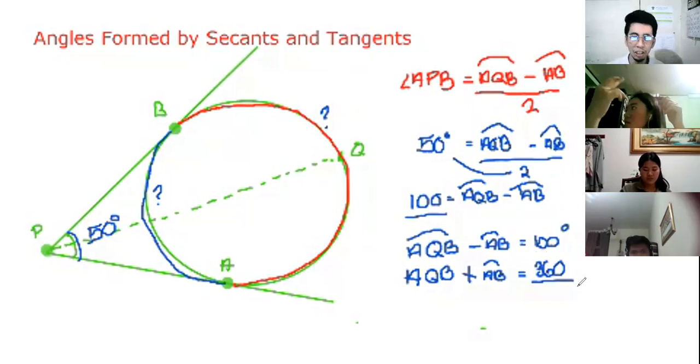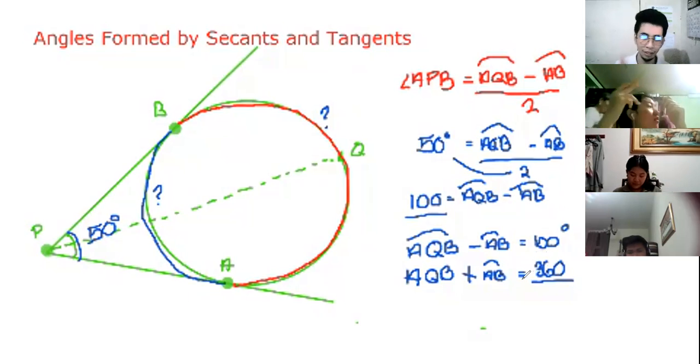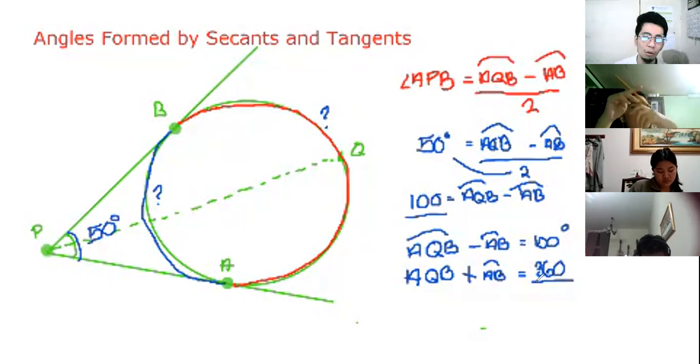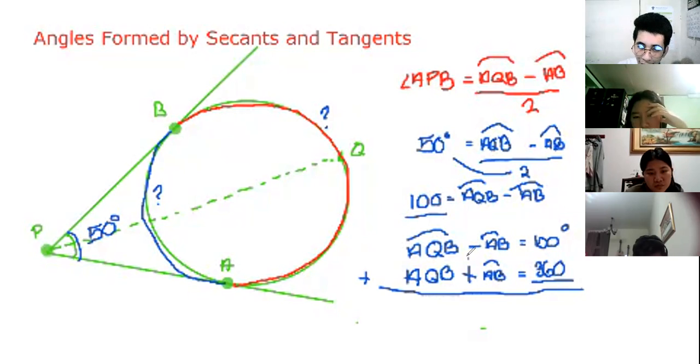Ngayon, dalawa na yung equation natin, diba? We have now 360, then ano to? 100. Ngayon, pag-plusin natin sila. So, maka-cancel out si negative AB and positive AB kasi positive, negative, diba?